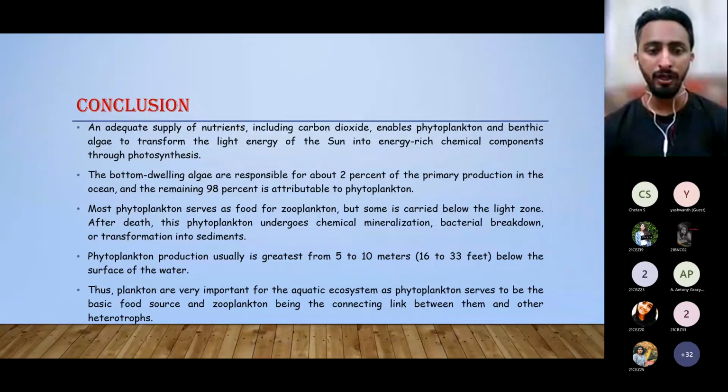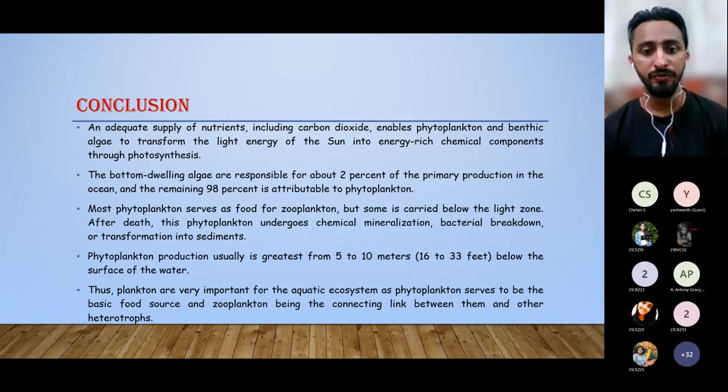Since they go below the light zone, they are not able to photosynthesize, as a result of which they die. After death, the phytoplankton undergoes chemical mineralization, bacterial breakdown, or transformation into sediment. So, apart from serving in the food chain, it also contributes to the environment through mineralization and other important processes that occur in the water body.